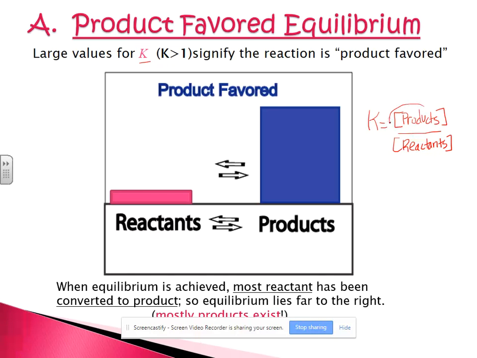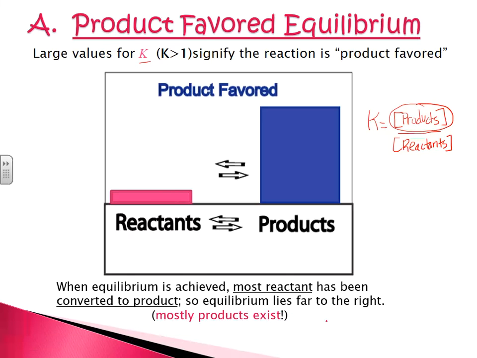So you'd have product favored if the K ends up being greater than 1. So what this means is when equilibrium is achieved, most of the reactant has been converted to products, so the equilibrium is said to lie far to the right because mostly products exist and the products are on the right-hand side.